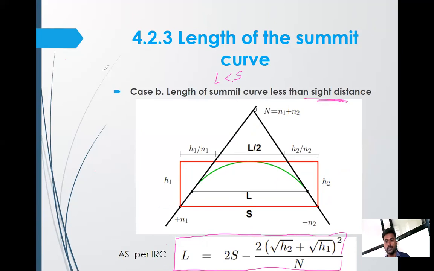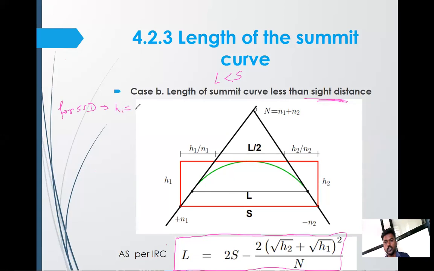Also write down there. As we know, for SSD, h1 is equal to 1.2 meter and h2 is equal to 0.15 meter.